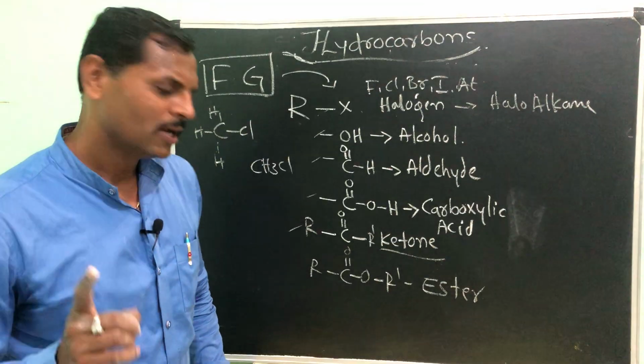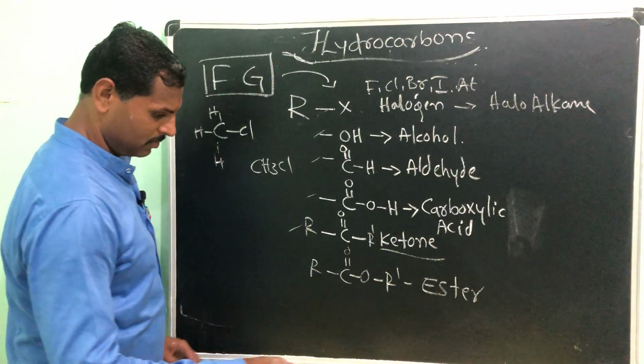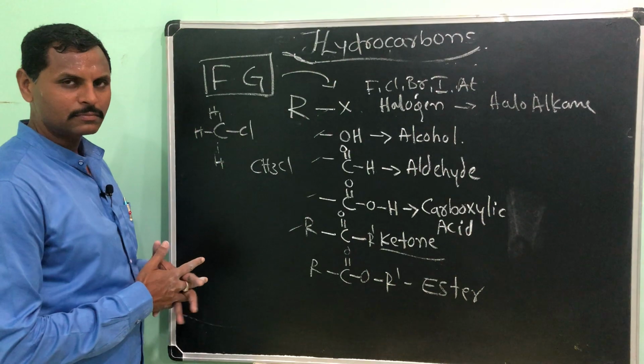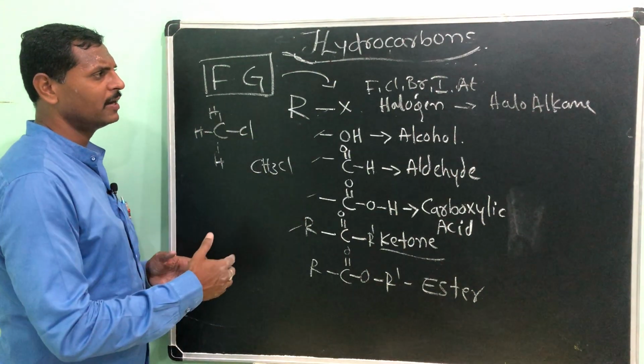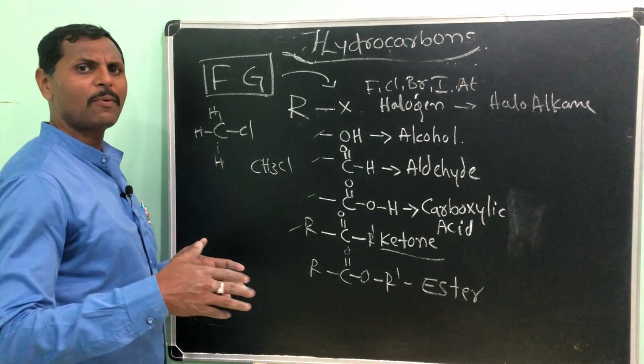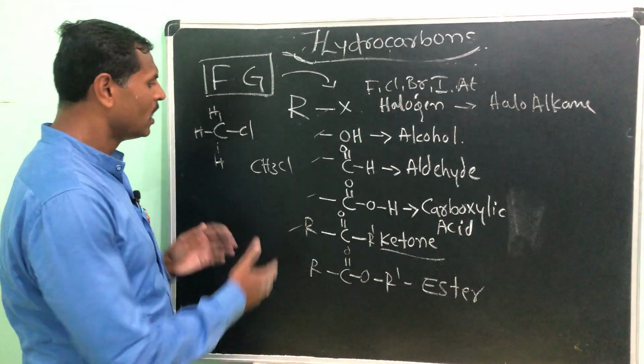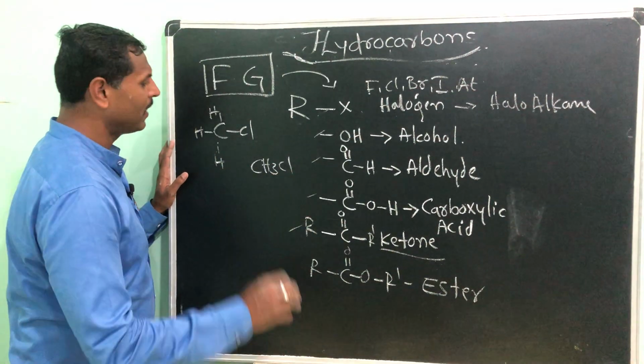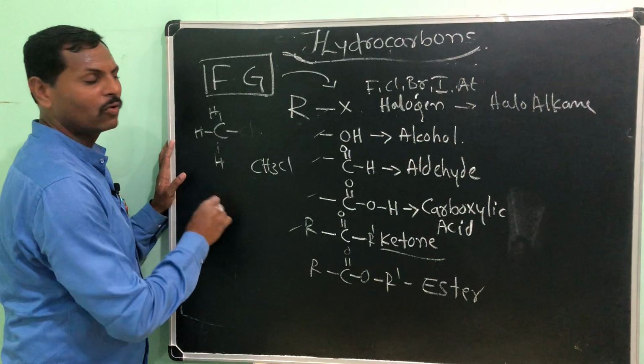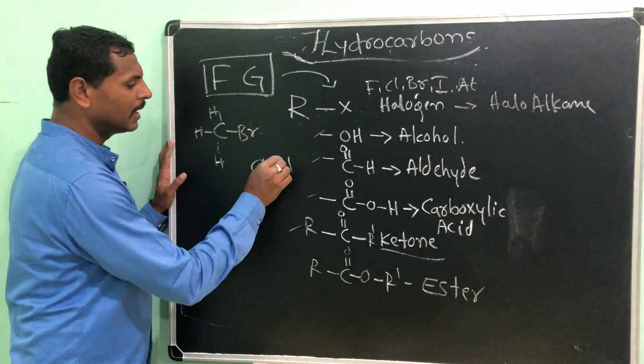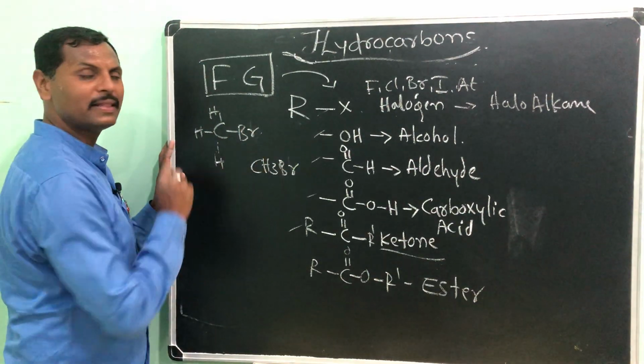Getting my point? Okay then. So along with adding some halogens and some functional groups, I keep on telling the name also, like chloromethane. If I add bromine in place of chlorine, then it will be bromomethane.